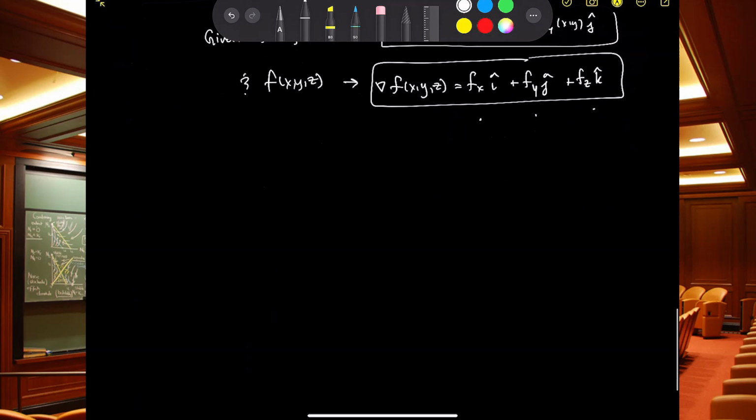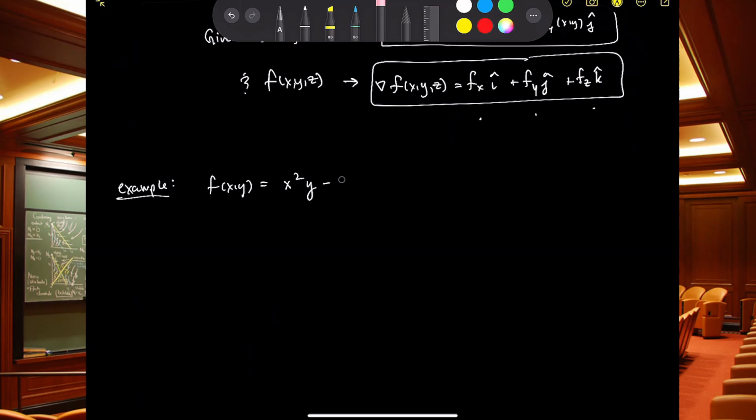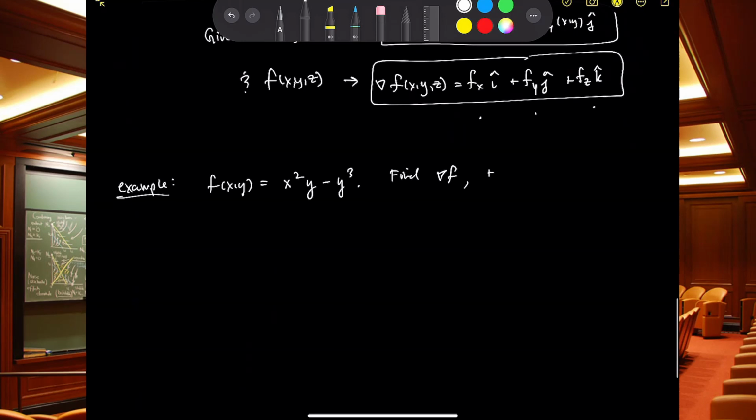So I'm going to show you an example here and see how this relates to what we already know about gradients and vector fields. So if we take this one, minus y cubed, and we want to find the gradient vector field and then plot it.